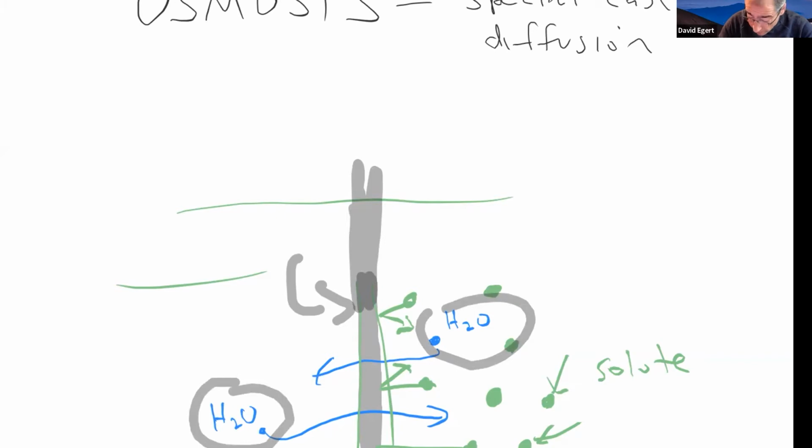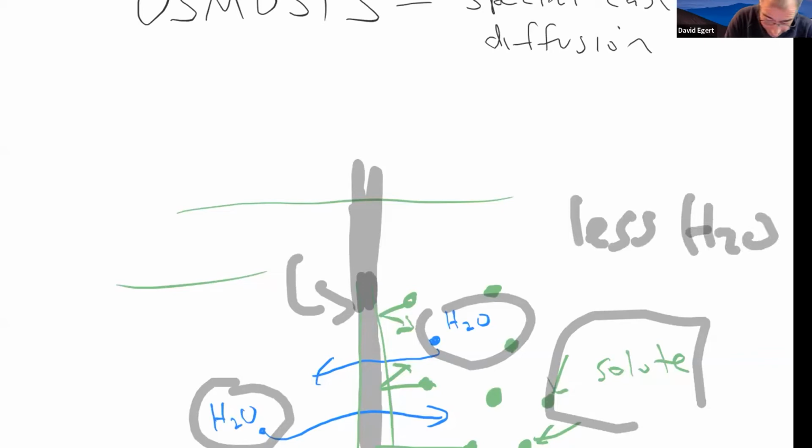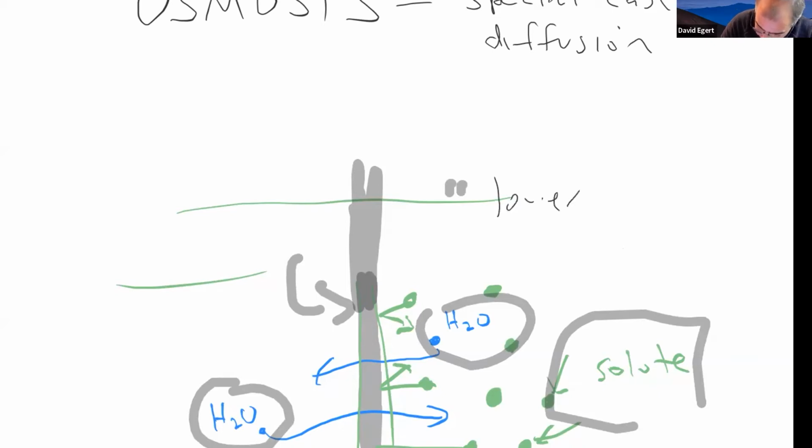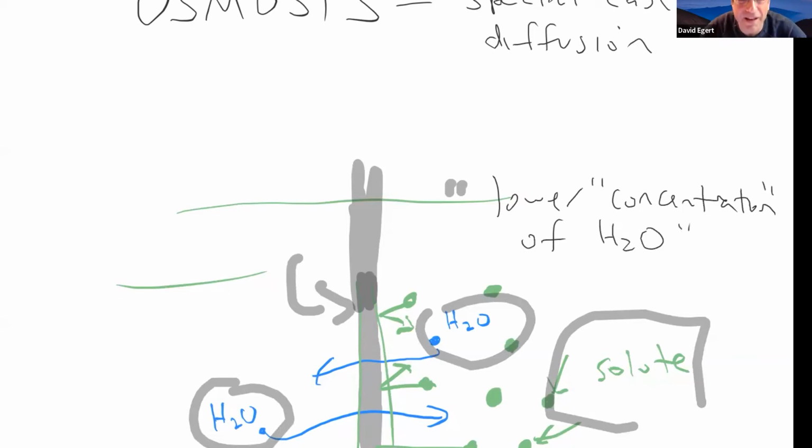On the side where there's more solute, the solute is taking up space, which means there's a lower concentration of water on this side and a higher concentration on the other. Saying concentration of water is a weird thing.